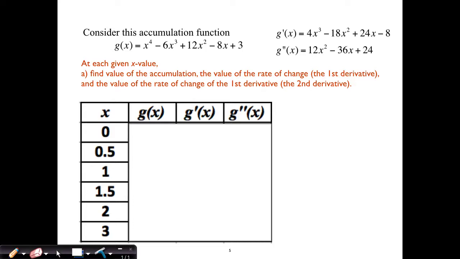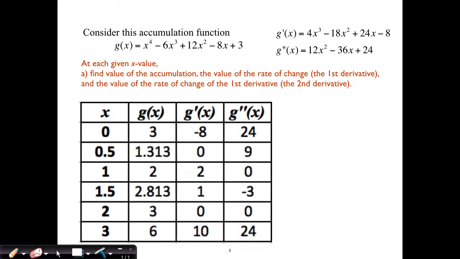So in any case, if you do evaluate all of these, thinking about the sorts of things we did on our quiz today, these are all relatively close to one another, small x values between 0 and 3. I can see as x increases, g of x starts at 3 and then decreases and then increases and increases. If that's the only information you had about g of x, just these y values, you'd have an idea of what's going on.